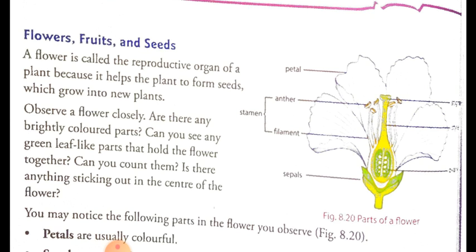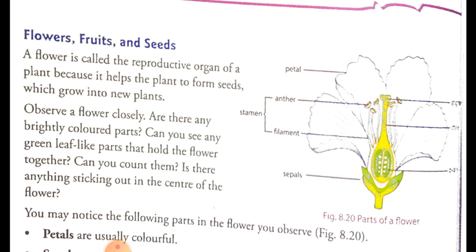To know this, you have to take a flower and remove all its parts one by one. After removing all parts of the flower, just see what is in the middle of the flower.